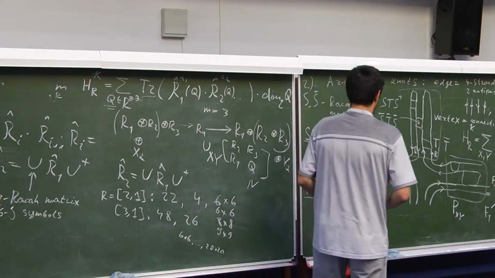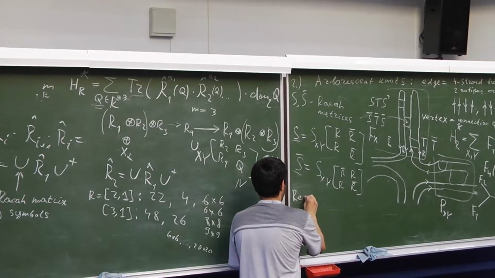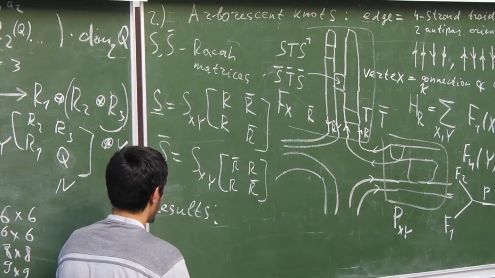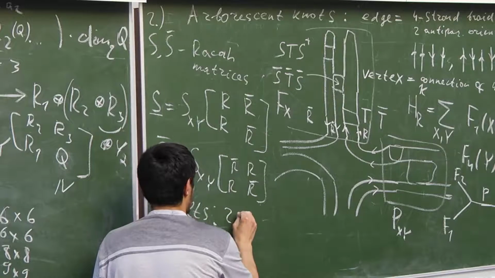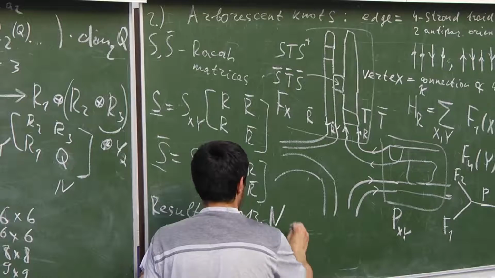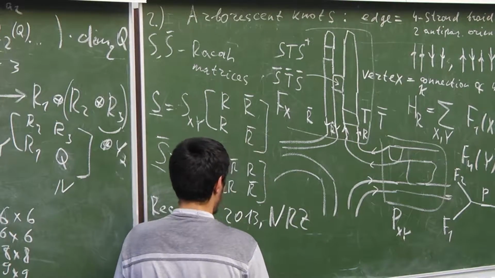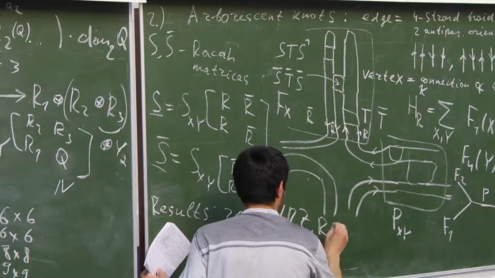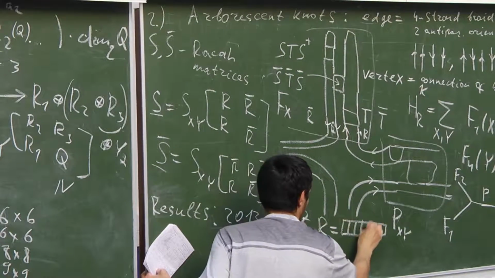Well, some particular results about this construction: in 2013, Satoshi Nawata, Ramadevi, and Zodinmawia calculated Racah matrices for all symmetric diagrams, when my Young diagram is just one row.